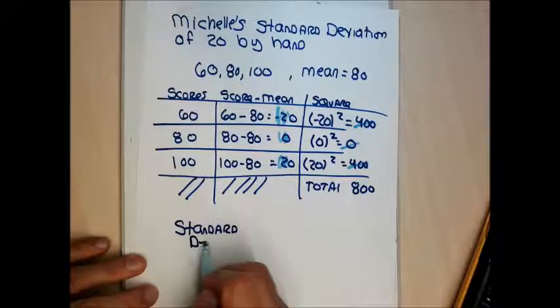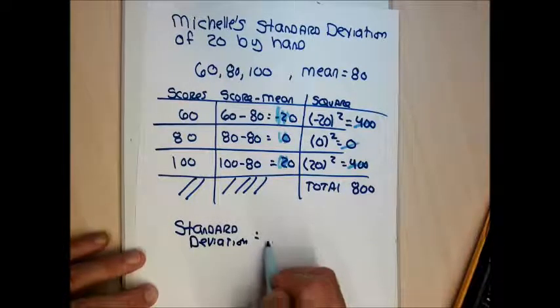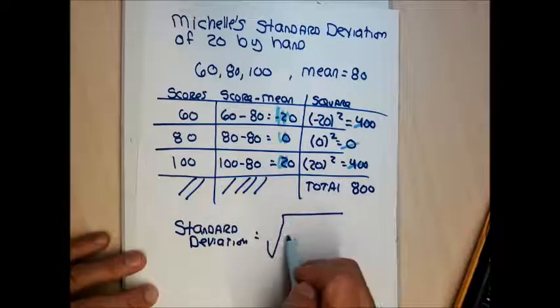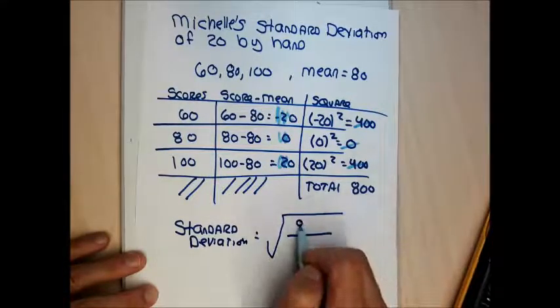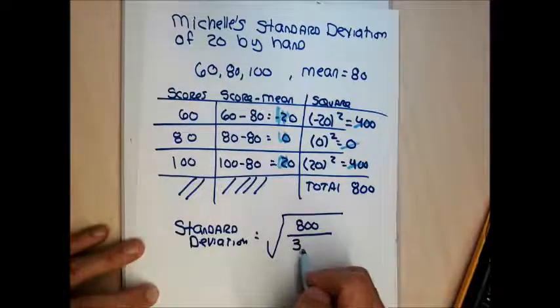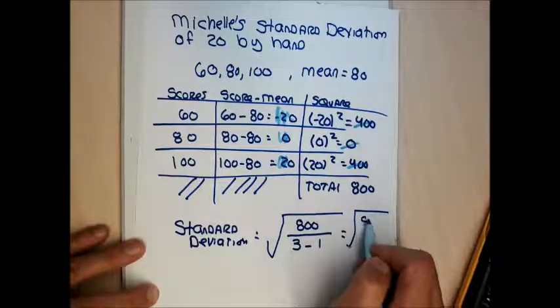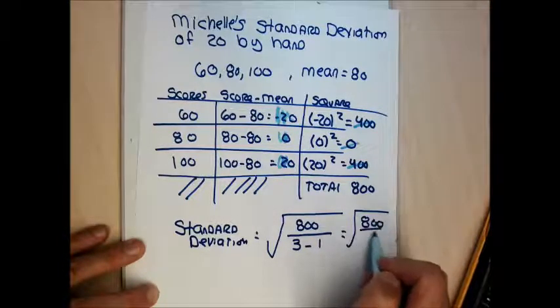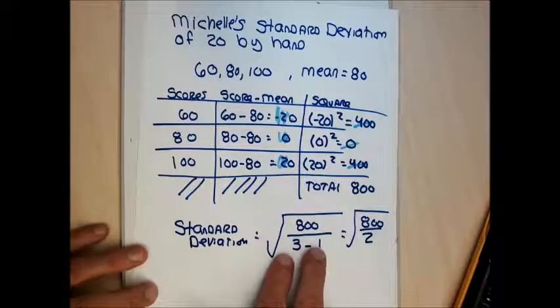So Michelle's standard deviation is going to be gotten by forming a fraction. In the numerator, it's going to be this number. In the denominator, it's the number of test scores minus 1. So it's going to be the square root of 800 over 2. The 3 minus 1 comes from a formula.